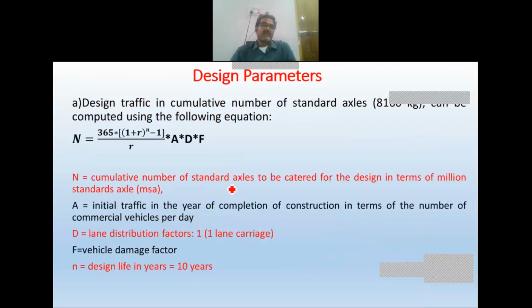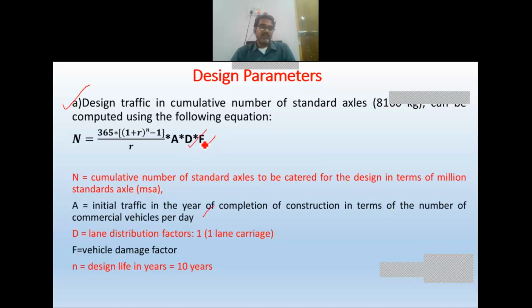Now, design parameters. The first step is to calculate the design traffic intensity using this expression. N is the cumulative number of standard axles to be catered for in the design, in terms of million standard axles, MSA. Here r is the traffic growth rate, n is the life of the pavement, A is the present day traffic intensity in terms of commercial vehicles per day, D is the lane distribution factor, and F is the vehicle damage factor.